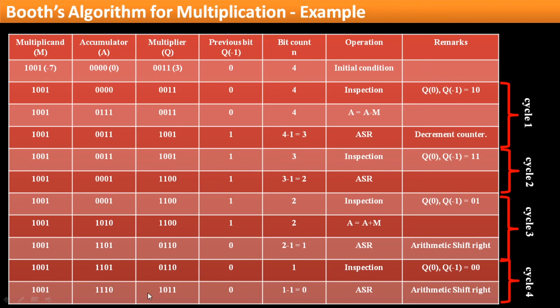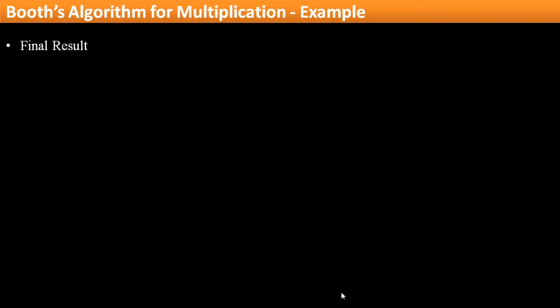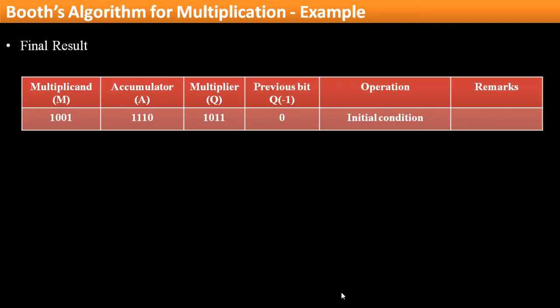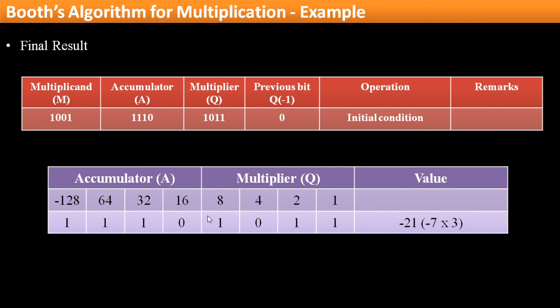At the end of the cycle, the final result is: accumulator is 1110, 1011, and this is 0. So minus 7 into 3 is minus 21. What we can see is the accumulator content and the multiplier content, if we see the weightage like this, it is minus 128, which is 1.